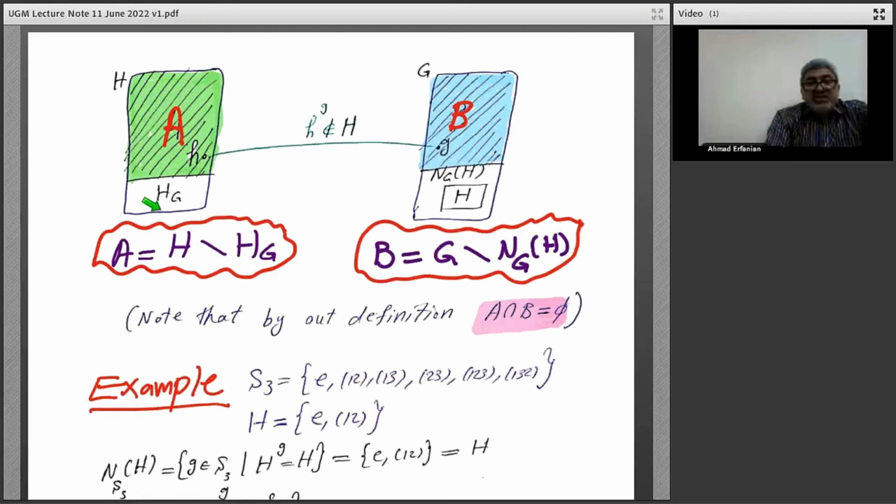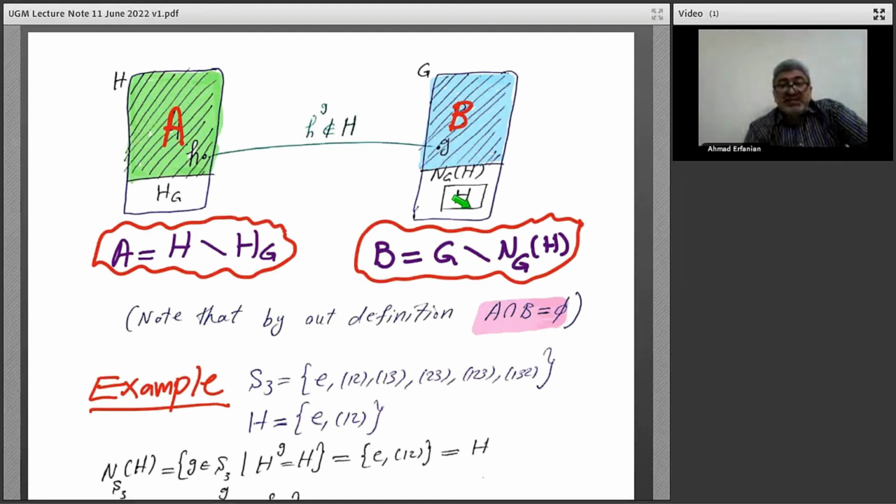So H_G is a normal subgroup of H. So we remove H_G from H. Here is A, which I colored green, and here we have all elements of G, and that's the normalizer of H in G, and you know the normalizer contains H. So we remove the normalizer, and the rest is B, set B, which I colored blue, right?